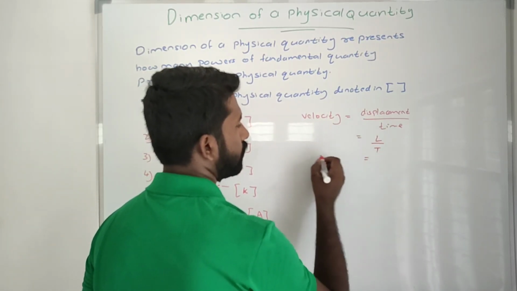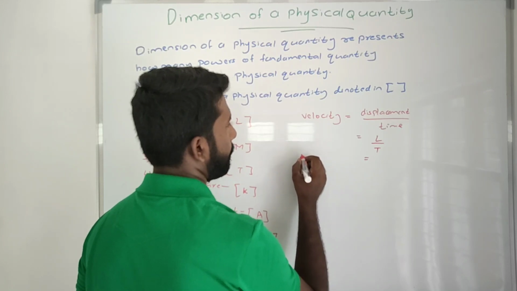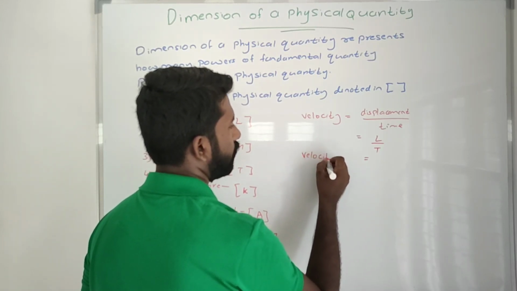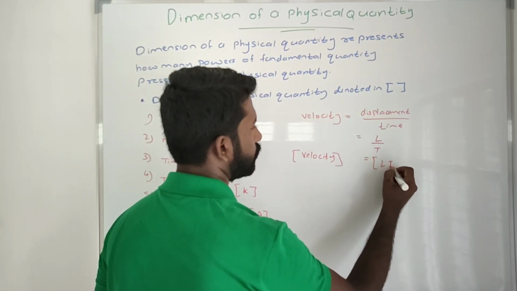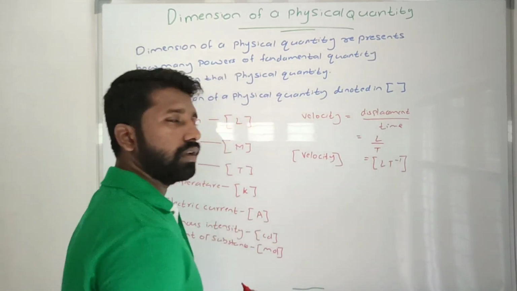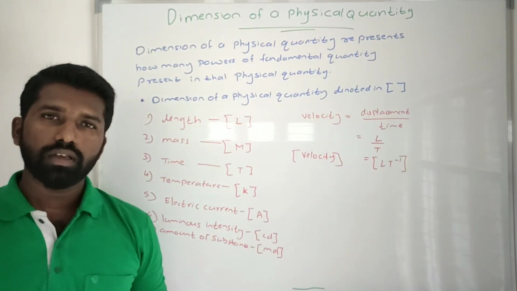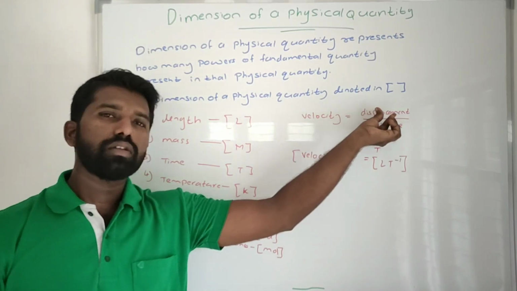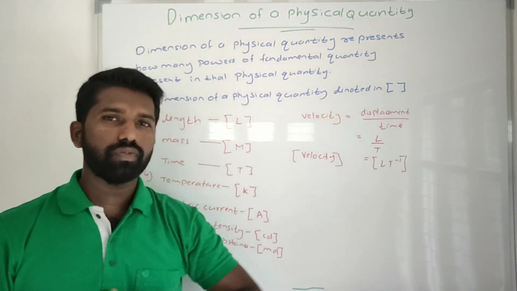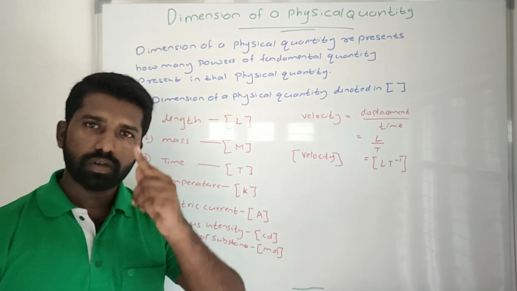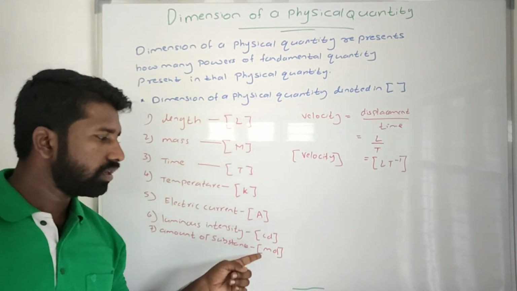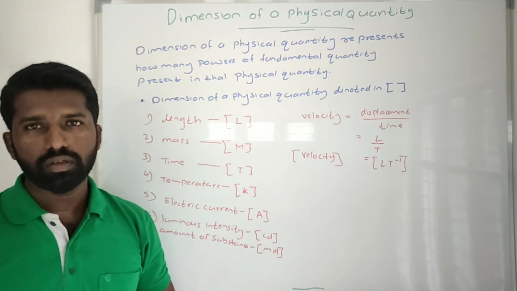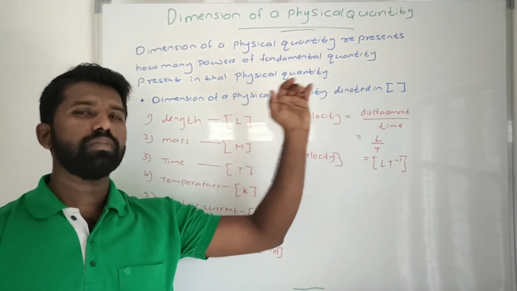So we can write the velocity dimension like this, and we will get L T power minus 1. Easily you can understand: check the unit of displacement. What is that? Meter. Check which of these quantities has the same unit, then you can use the same symbol.